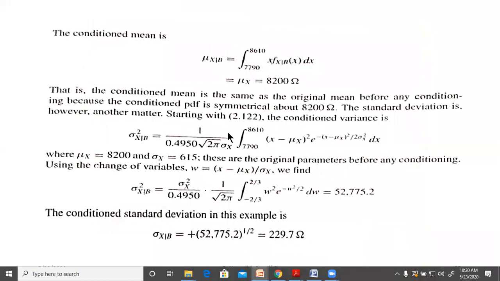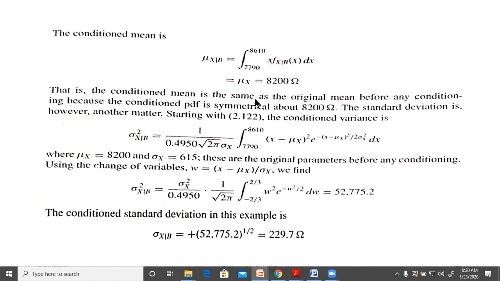So the conditioned mean will be mu_X given B, equal to the integral from 7,790 to 8,610 of x f(x|B) dx. So we can just write that, and we see that again the mean will be the same. Even for the conditioned case it will be the same.